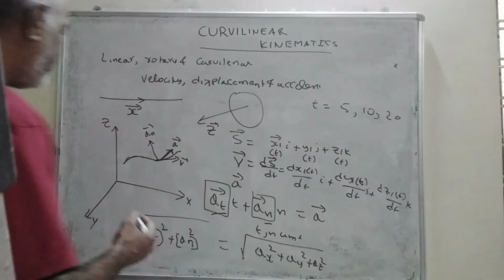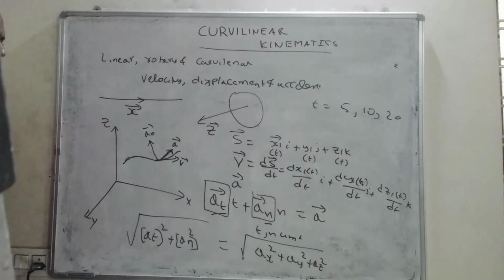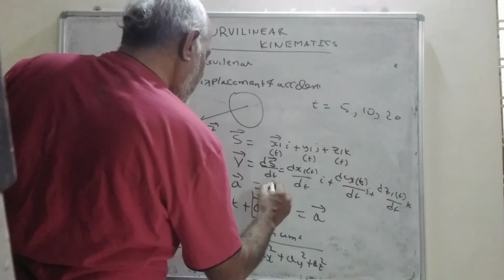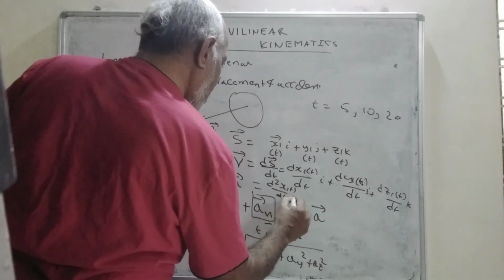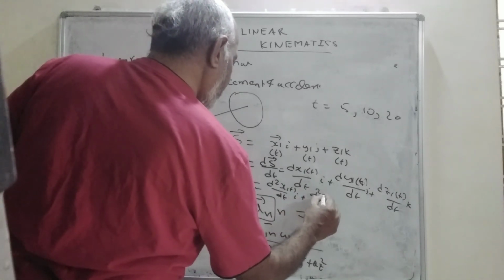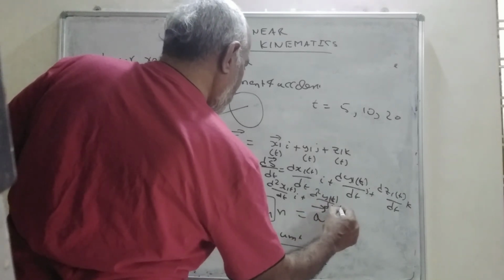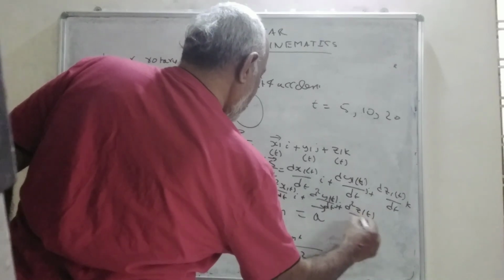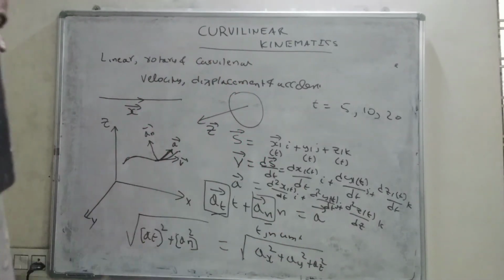That means at this point we are having three components of acceleration that we will get here, that is d square x1(t) by dt square i plus d square y1(t) by dt square j plus d square z1(t) by dt square k. So that's the acceleration.